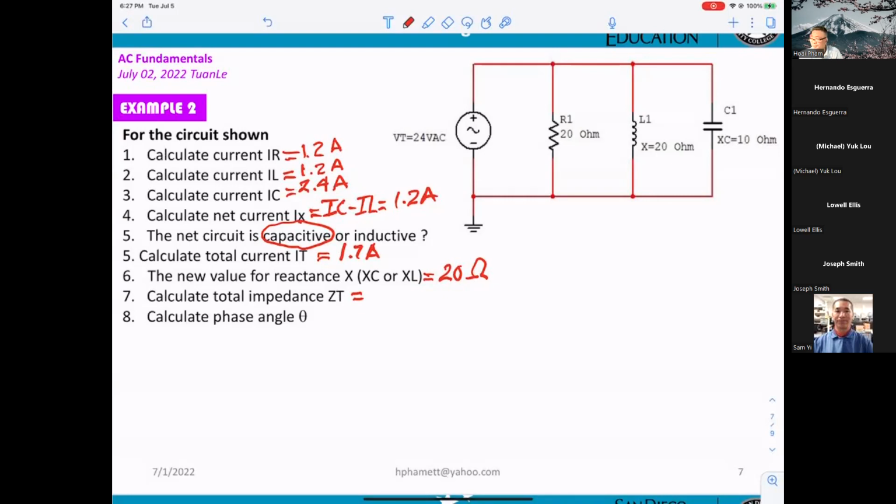How many ohm? Basically, Z total equals V total divided by I total. Try to see if you can get 14.40.